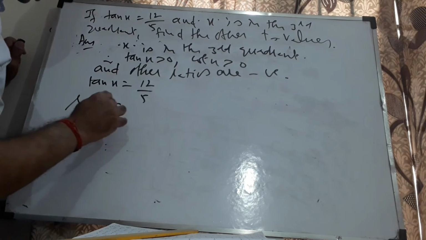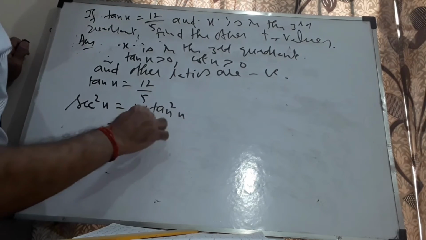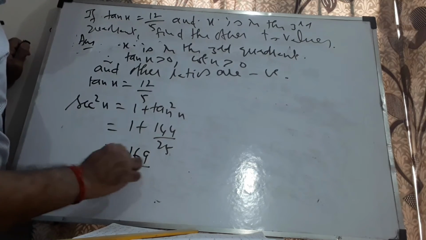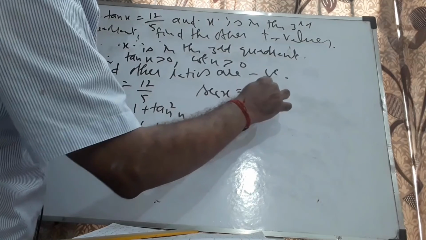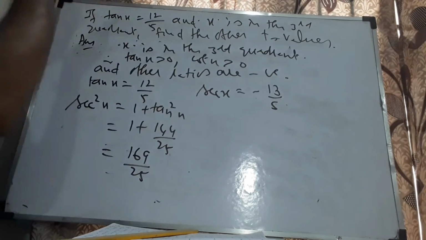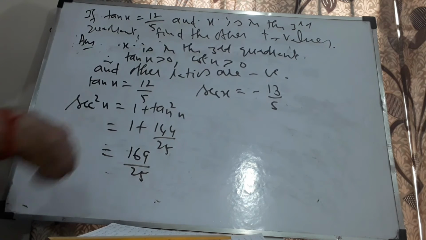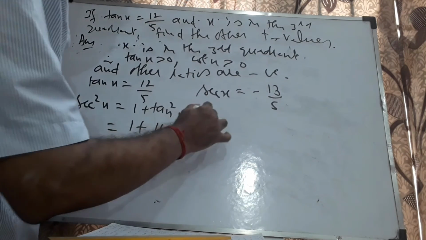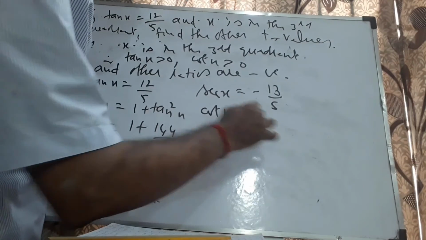Now, secant square x is 1 plus tan square x. You know very well. This is 1 plus 144 by 25, which is 169 by 25. Therefore, I take the negative square root here, because secant x is negative in the third quadrant. Root 169 is 13, root 25 is 5. Now cot x will be the reciprocal of tan x, which is 5 by 12.